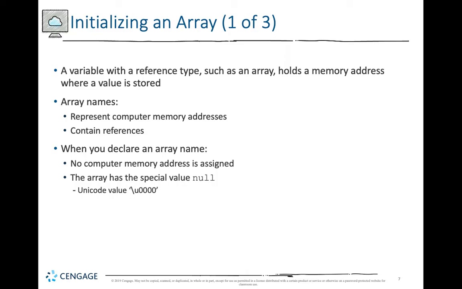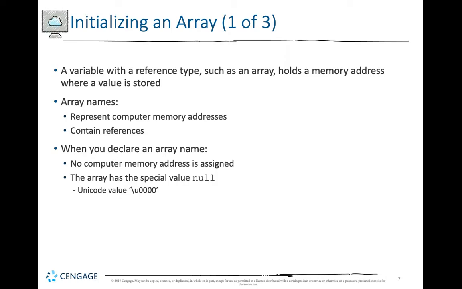It's going to take up slots of memory specified. You're telling it exactly how much memory, the scope of it, because you've declared the type, you've declared the number of subscripts that it'll take up. So it's a memory address. So array names represent computer memory addresses. They contain the references to those locations.